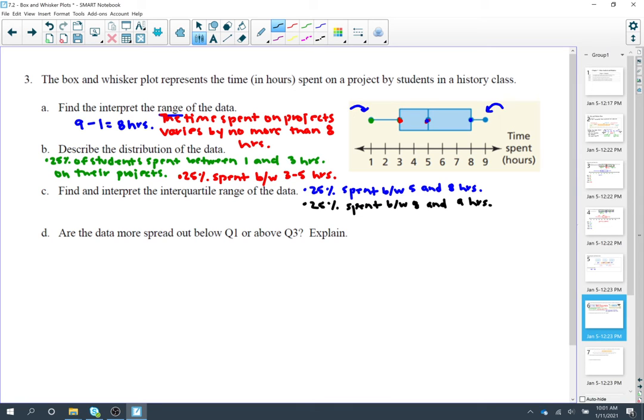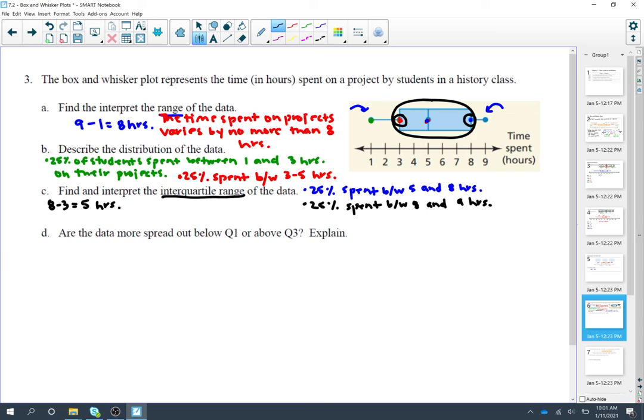Part C, find and interpret the interquartile range. Not the range, the interquartile range. So this is where we're going to take Q3, which is 8, and we're going to subtract Q1, which is 3. So 8 minus 3 is 5 hours. And then the way we're going to interpret that is we're going to talk about the middle half, because right in here, this is kind of like the middle half of your data.